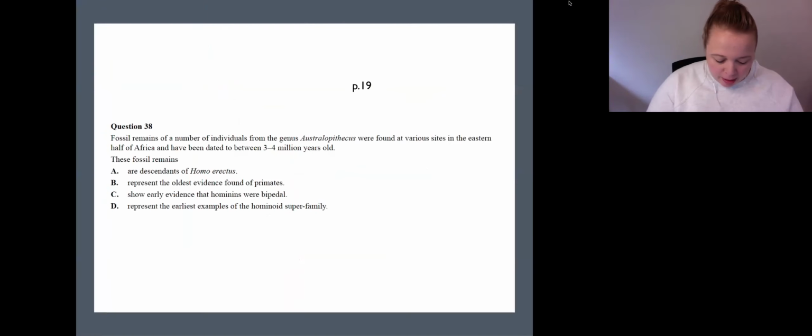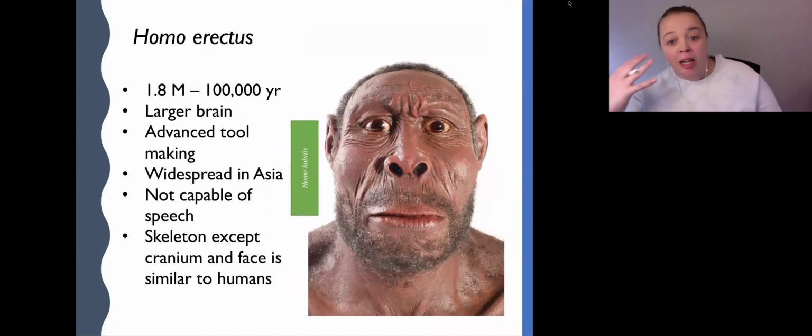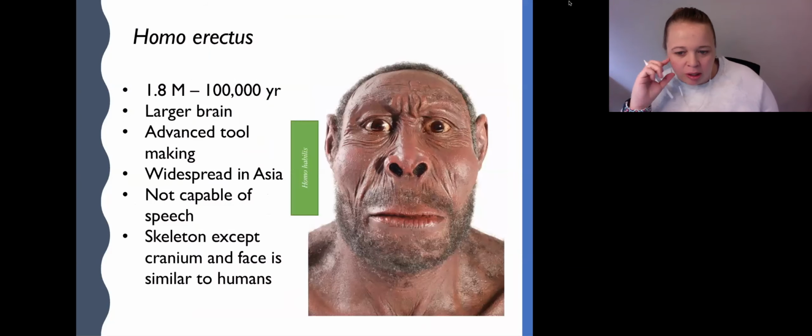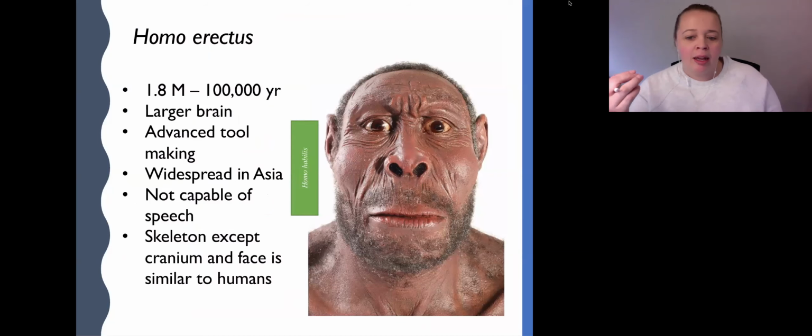Homo erectus had a much larger brain. You can see that we're starting to look a lot more human-like, even compared to Homo habilis. Homo habilis looks like it used some tools and had a larger brain, but it's not quite as human-looking as Homo erectus. They had quite advanced tool making, and they were very widespread in Asia, but they weren't capable of speaking.